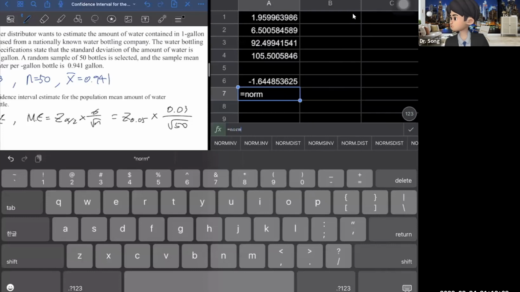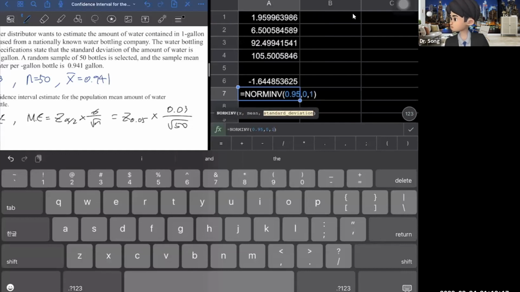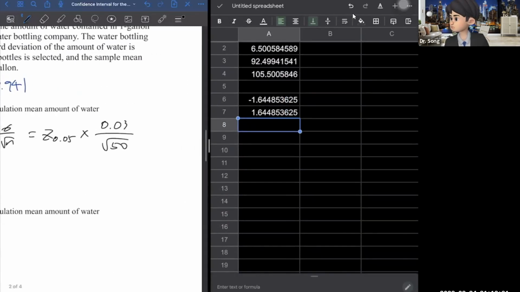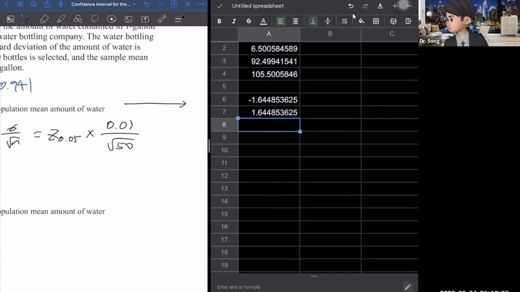Norm inverse 0.95, mean equals 0, standard deviation equals 1. Okay, so then we have the positive one. Again, you may want to draw the graph to avoid the mistake. So this is a standard normal distribution, and this is 90%.